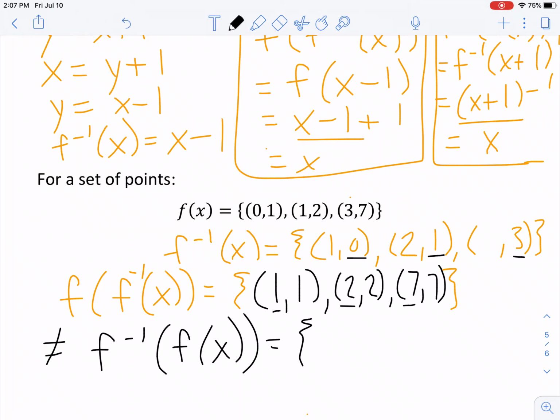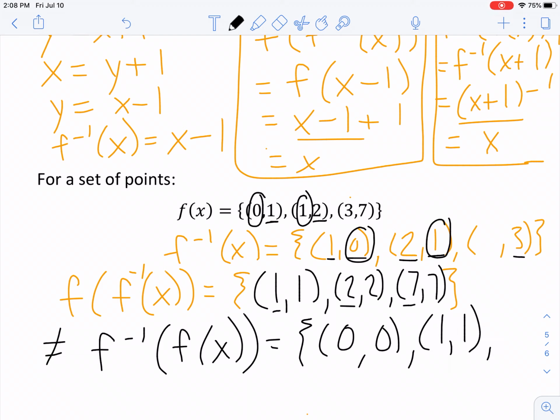For x equals 0, f at 0 equals 1, and 1 gives me 0. So 0, 0 is my first point. Again, it's the input that I started with. So I start with 1, I get 2, 2 gives me 1, so 1, 1. And then 3 gives me 7, 7 gives me 3, so 3, 3. So it's a different set of points, but you still see that the input and the output are the same.